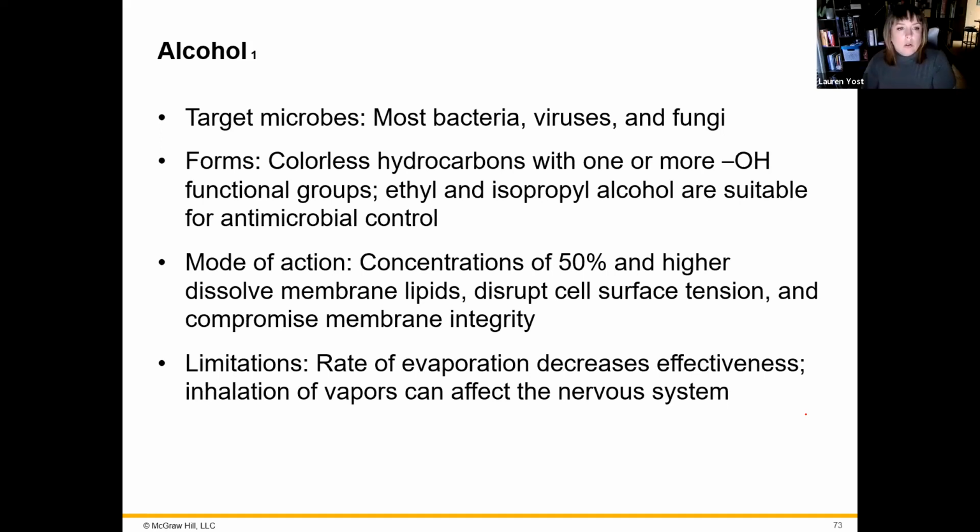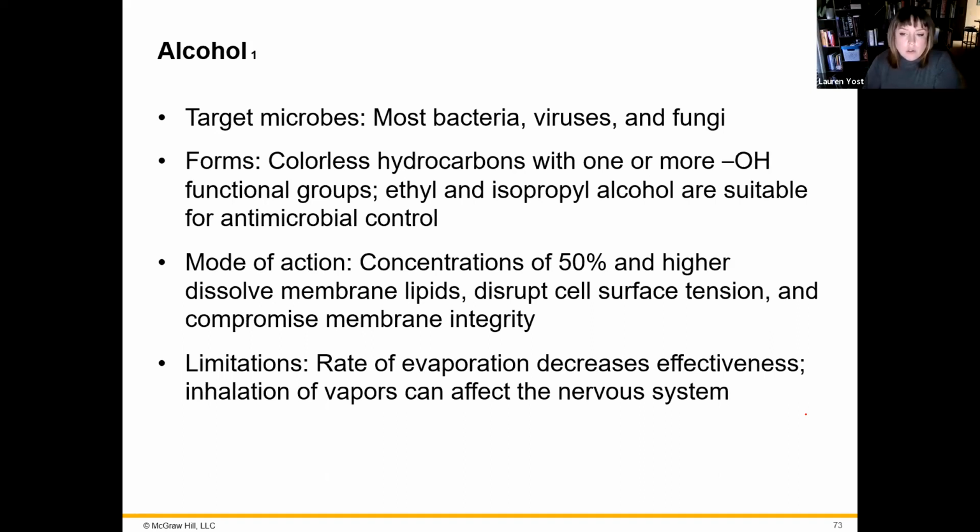So alcohol. So alcohol will target most bacteria, viruses, and fungi pretty much. You'll see there are a lot of different forms, but we will talk most about ethyl alcohol and isopropyl alcohol. Ethyl alcohol is drinking alcohol, but we do use it as medical treatment as well. So concentrations of 50% alcohol and higher dissolve membrane lipids.